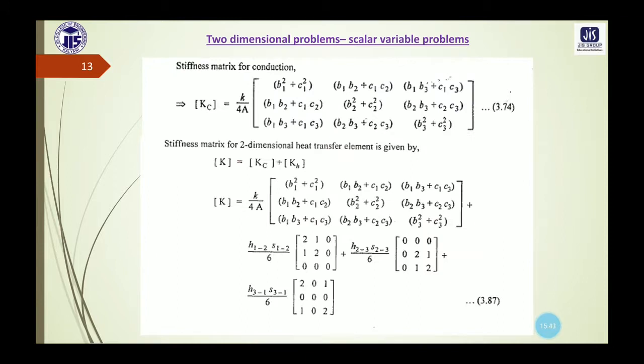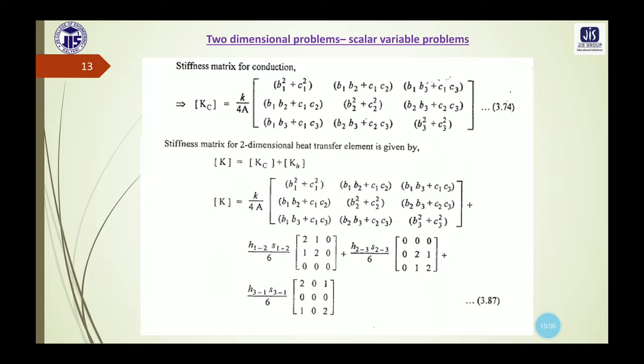Now from this equation, if we consider conduction and convection heat transfer, then after several steps we get equation 3.74, which is the stiffness matrix for conduction.